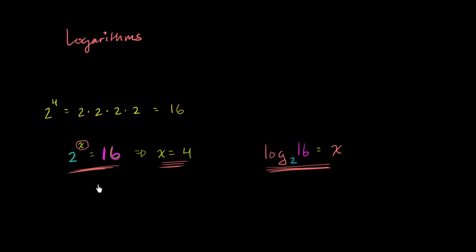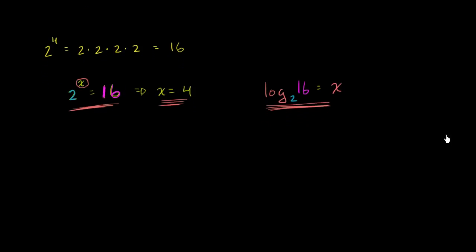So with that out of the way, let's try more examples of evaluating logarithmic expressions. So let's say you had log base 3 of 81. What would this evaluate to? Well, just as a reminder, this evaluates to the power we have to raise 3 to get to 81.